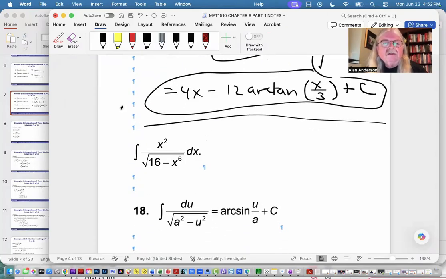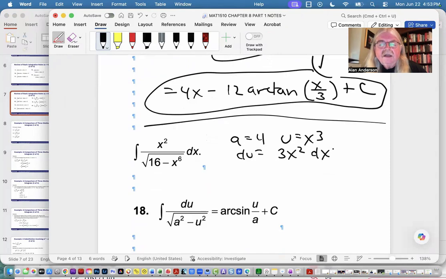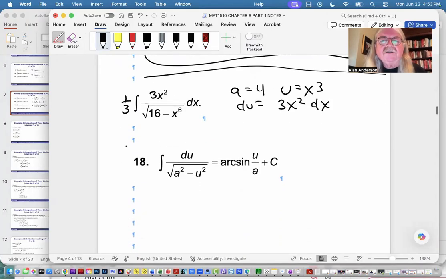So imagine that we let a be 4 and u is actually x cubed, because when we square it, it becomes x to the sixth. And then our du. All right, so we don't have 3x squared, but we have x squared. So we can rewrite this as so. And I think we're in pretty good shape now.